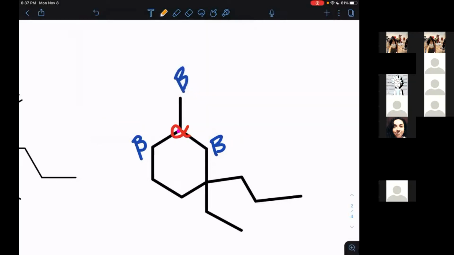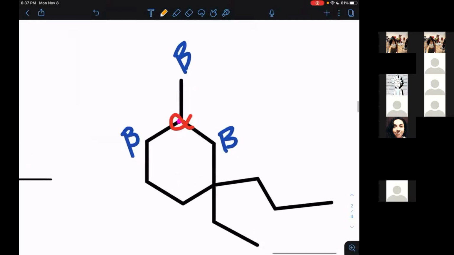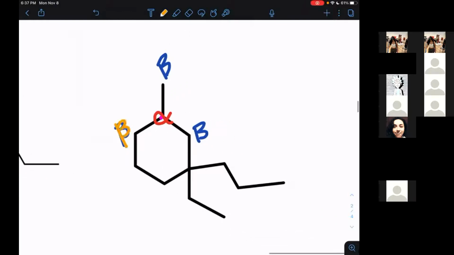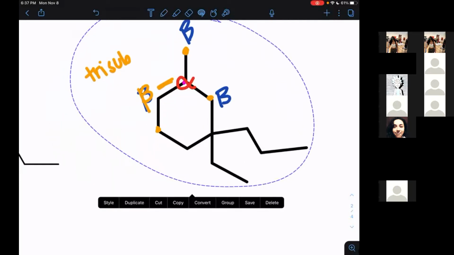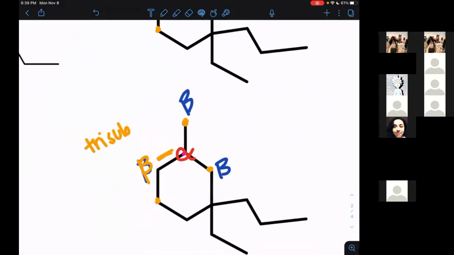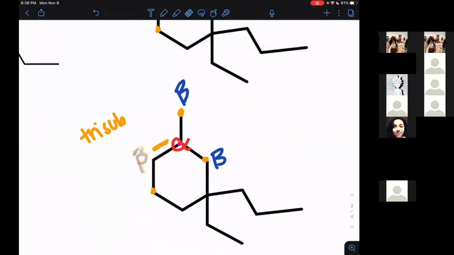I think the other one's also tri substituted though. Could you please show that in A? The orange one, this is for E. Yeah, I'm not too sure right now. I'll go ahead and check them after I draw it. And then this other one.